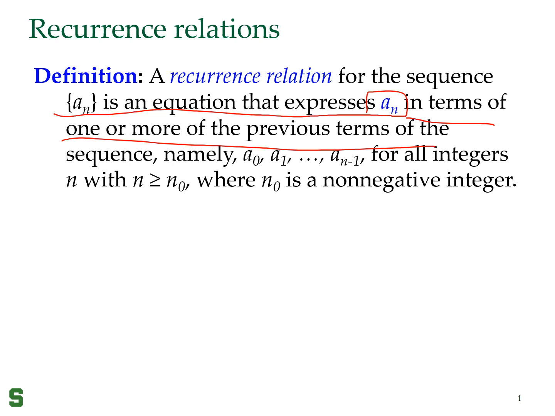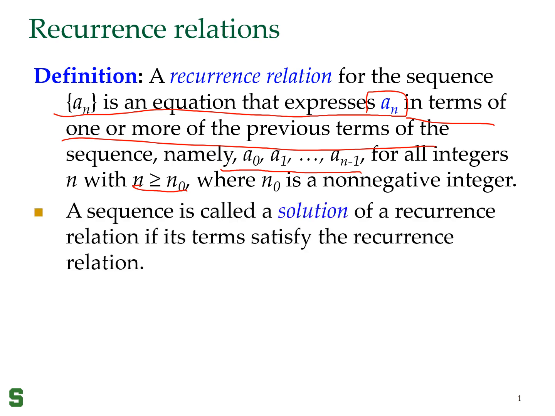In other words, instead of saying what a_n is explicitly, what the nth term is explicitly, we are going to define it in terms of some previous terms. So we are going to have the sequence as a_0, a_1 up to a_(n-1) for all integers n greater than n_0, where n_0 is some non-negative integer.